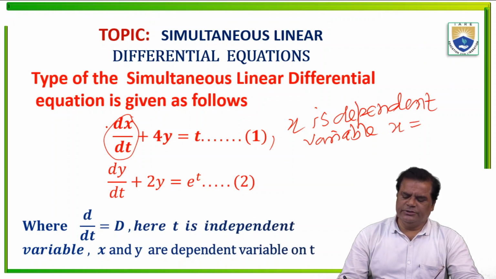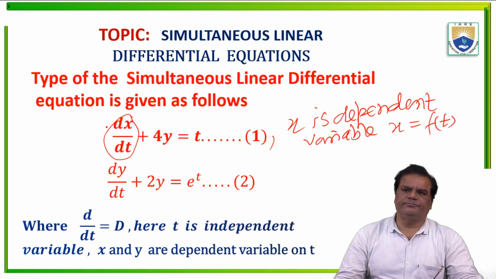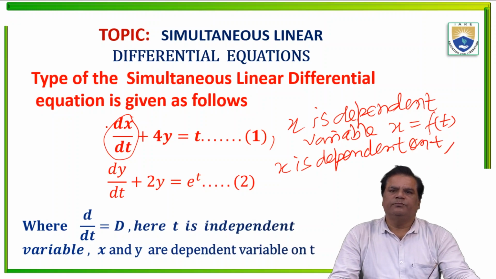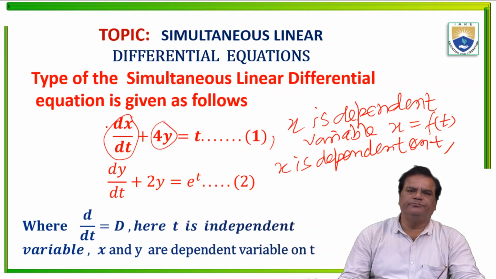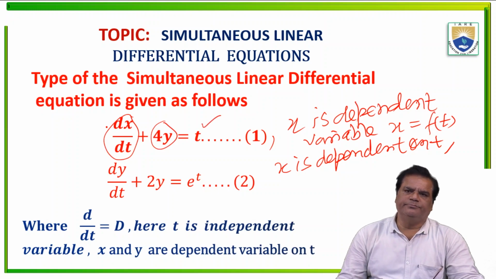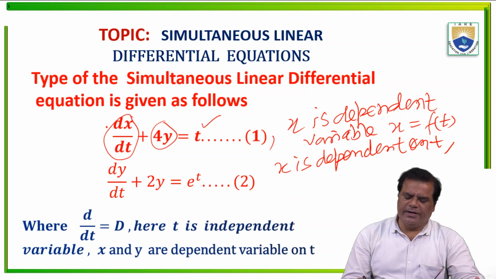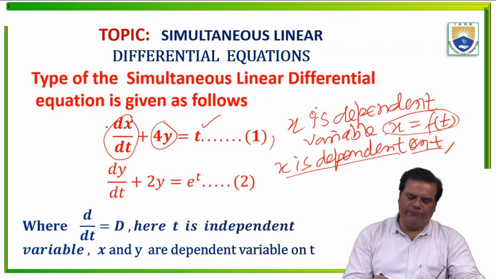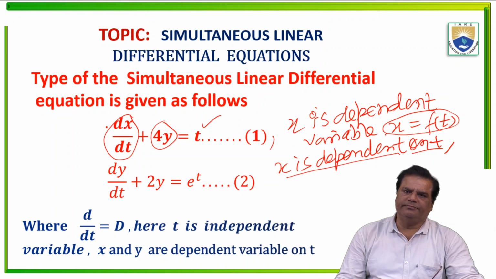Means x is some function of t here, plus 4y equal to t. t is the independent variable. x is a dependent variable on t and y is also a dependent variable.